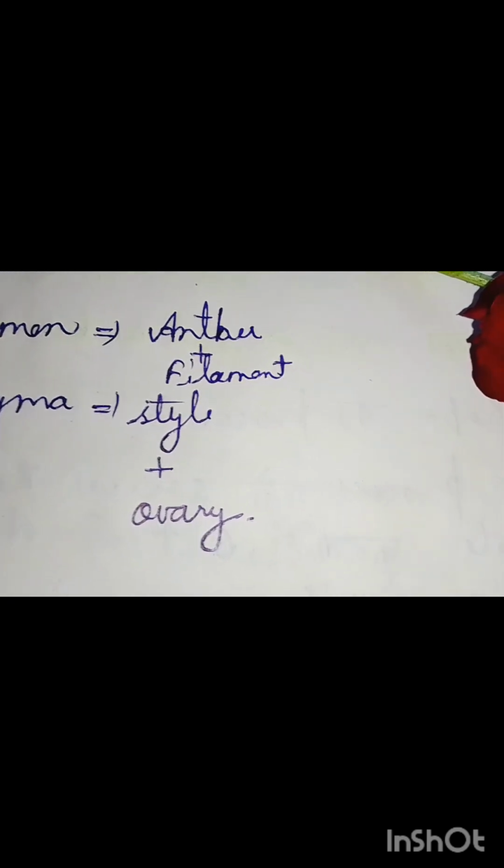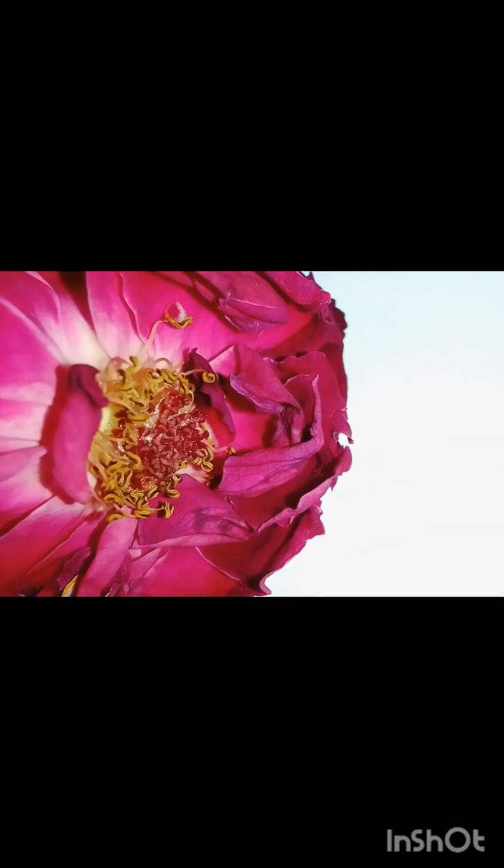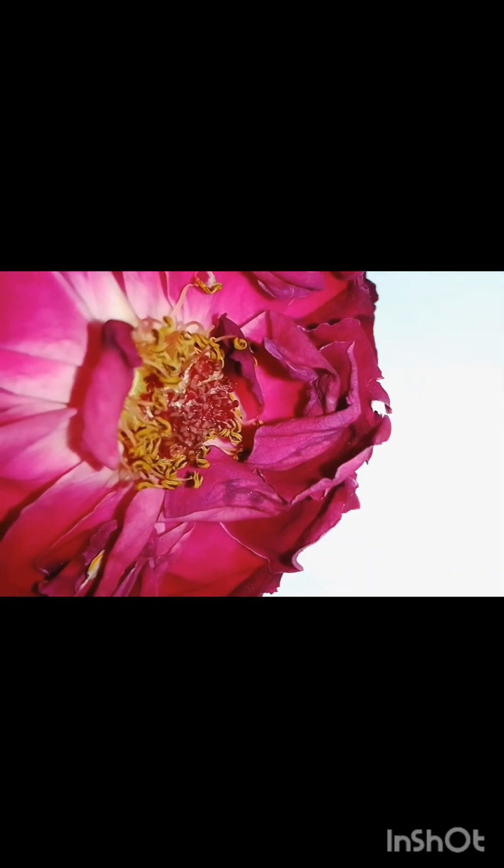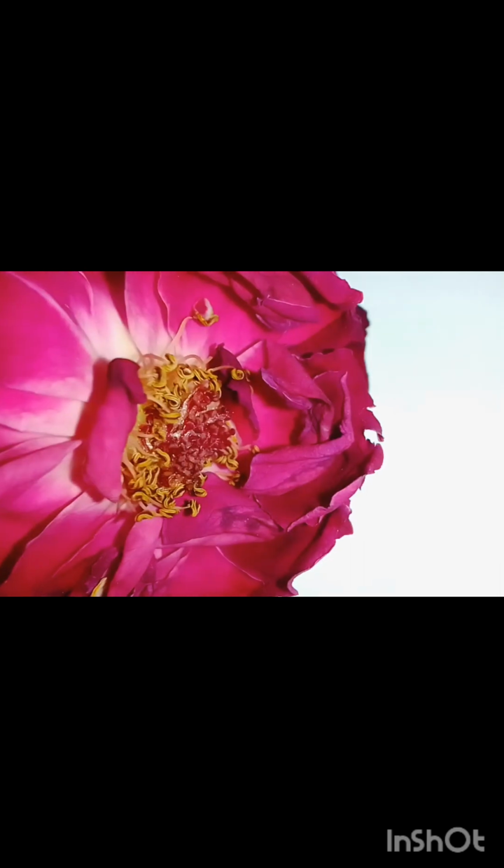So let's see what are stamen. Here you can easily see these are the stamens of a flower which are arranged in a circular manner and the stamens are present in a bunch. Here you can see this is the bunch of stamens.